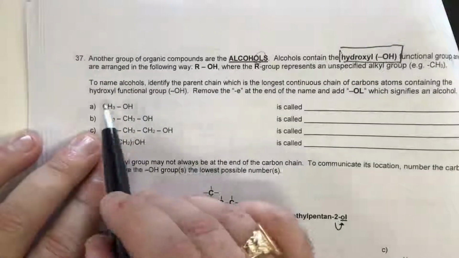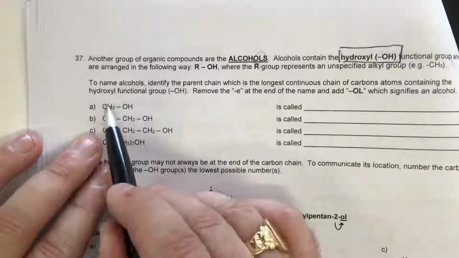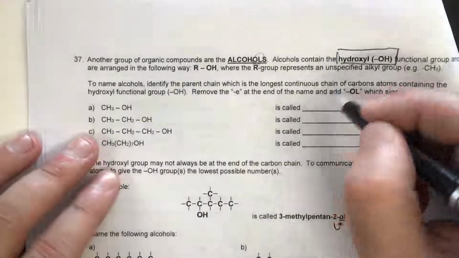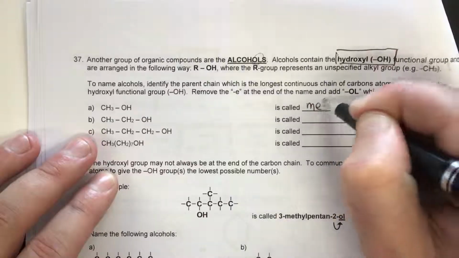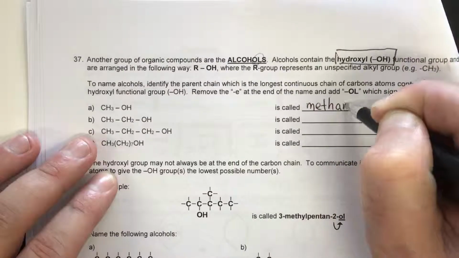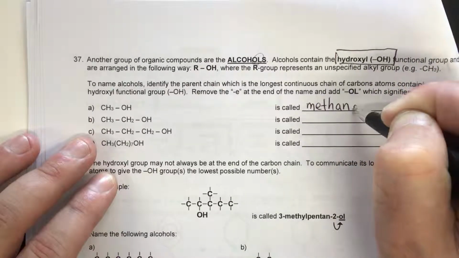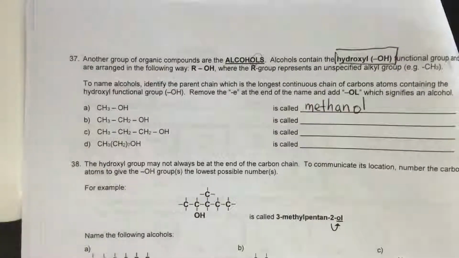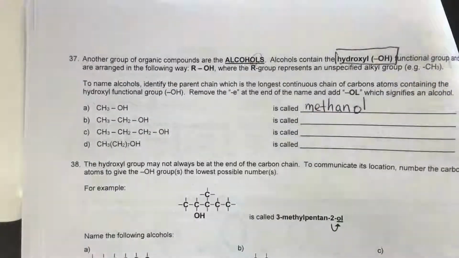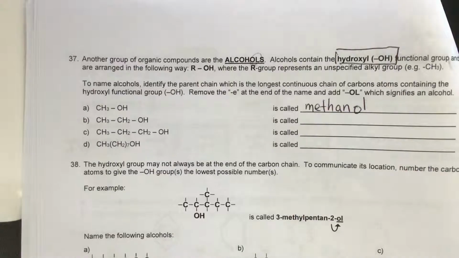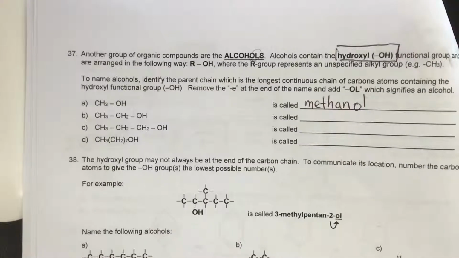So the longest chain of carbons here is one carbon. One carbon we know is meth, as in methane, and then we put OL on the end for an alcohol. So this becomes methanol. Methanol is what this is called.